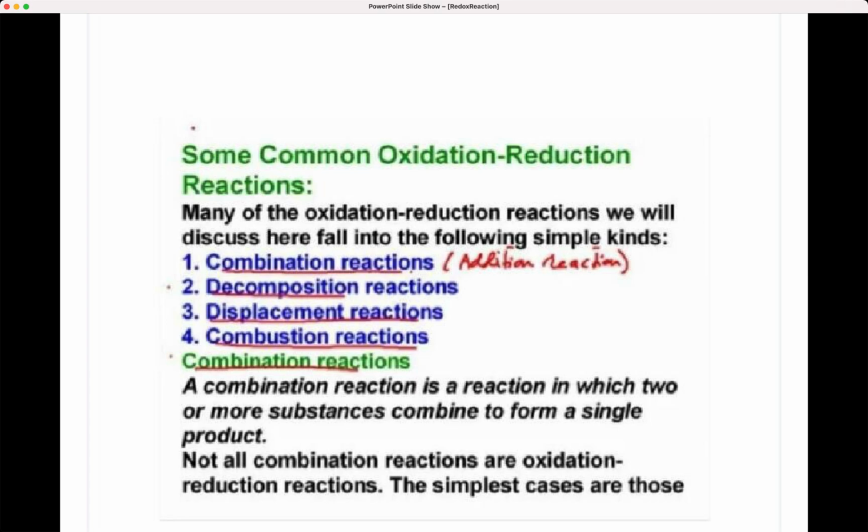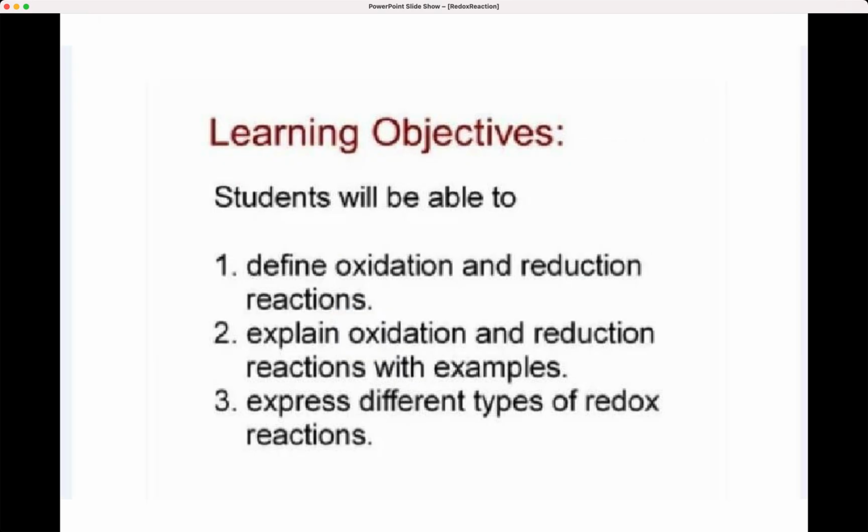And what is a combination reaction? It's a reaction in which two or more substances combine to form a single product. Just remember, all combination reactions are not necessarily oxidation reduction reactions. Then we have learnt about decomposition reaction, displacement reaction, combustion reactions and all that.